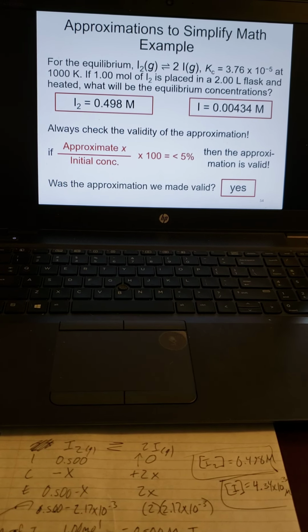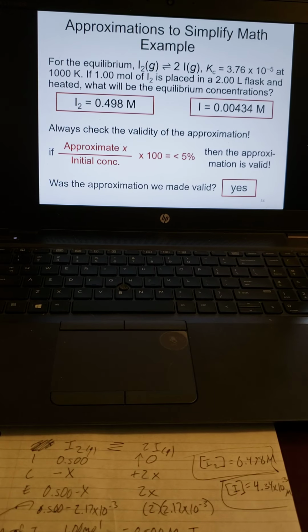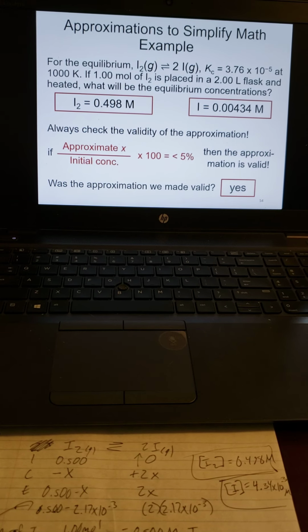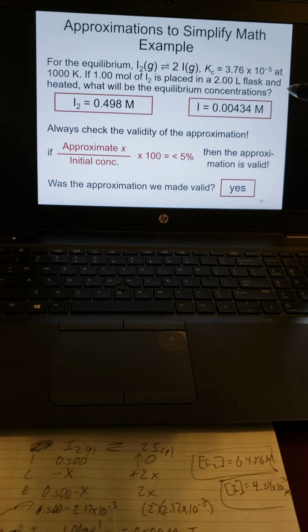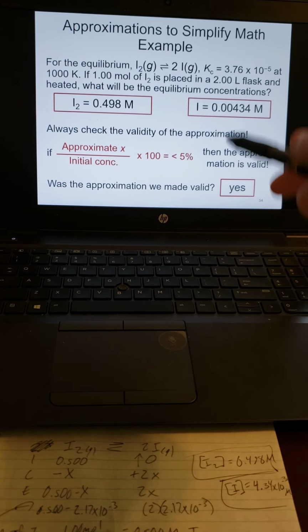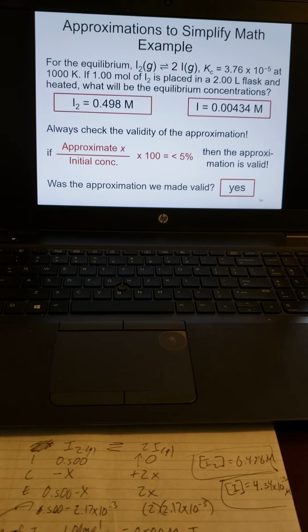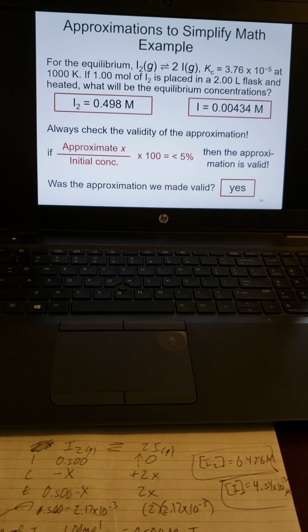But remember that your test on chapters 14 and 15 is going to be Wednesday. And this is going to be on that test. I'll make my final decision about whether I'm going to have you solve the quadratic or not. But I guarantee you there will be something like this if you don't have to solve the quadratic. Perhaps you could use the approximation to get around solving the quadratic. But again, I will be clearer with you when we get to that.